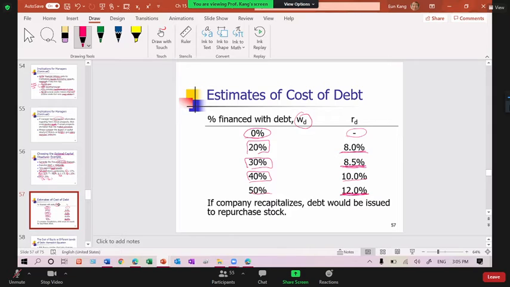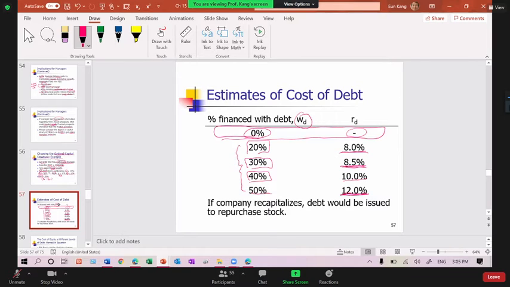So now, currently 0 debt, then now you compare that with different levels of debt. So which debt level is the optimal level?